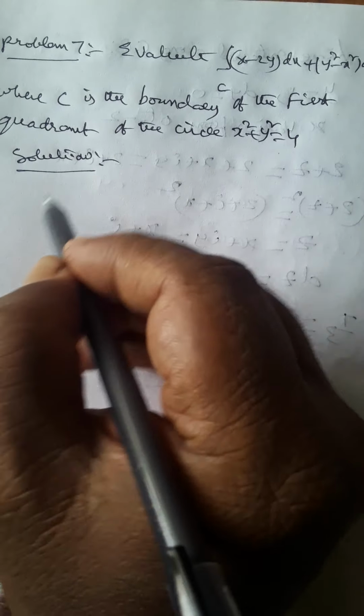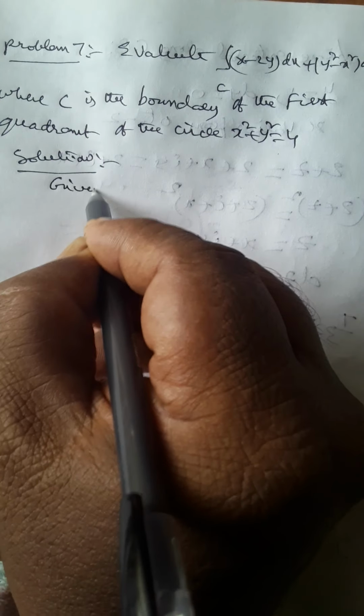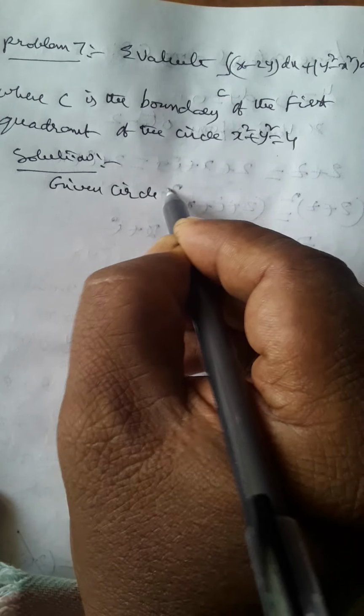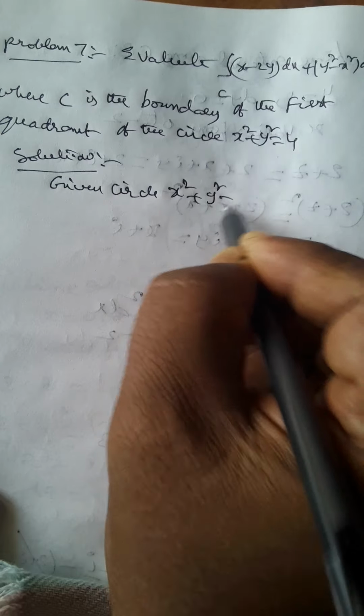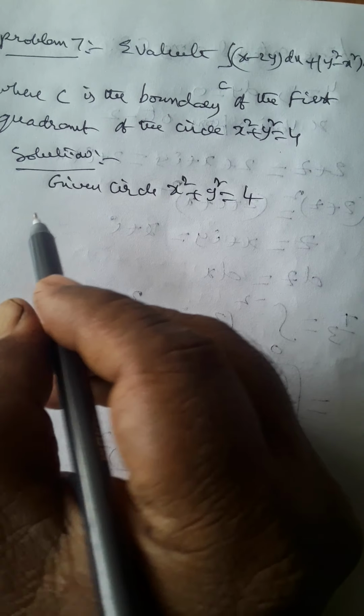Solution. Given circle x square plus y square is equal to 4.